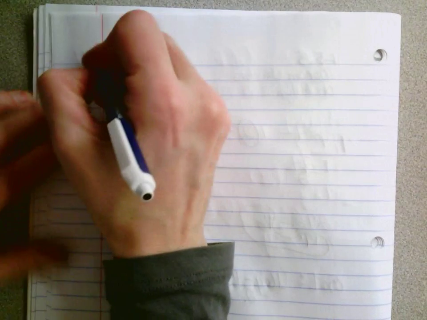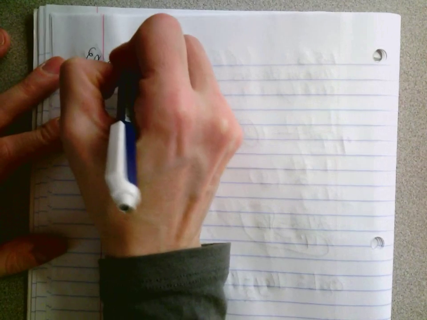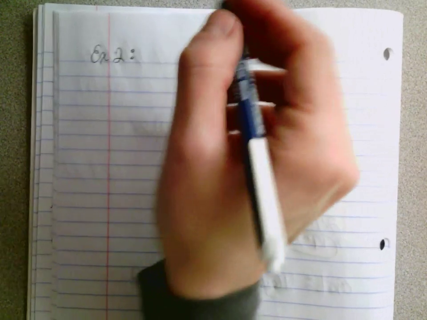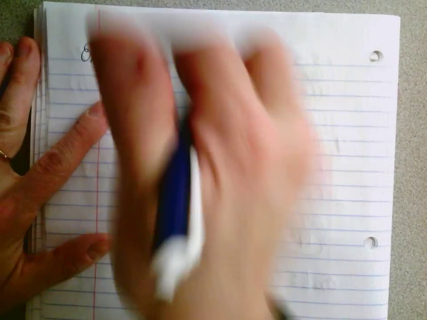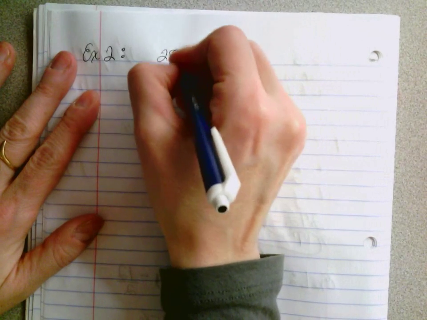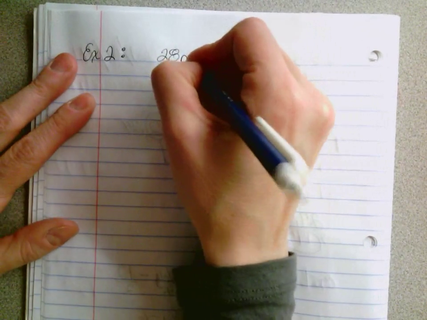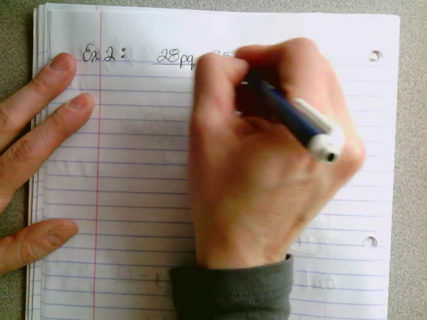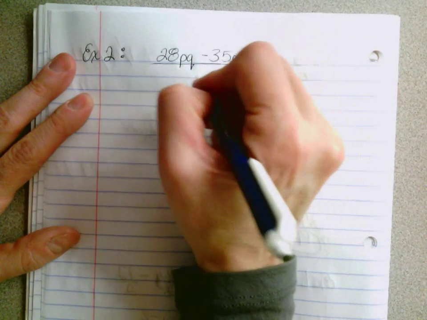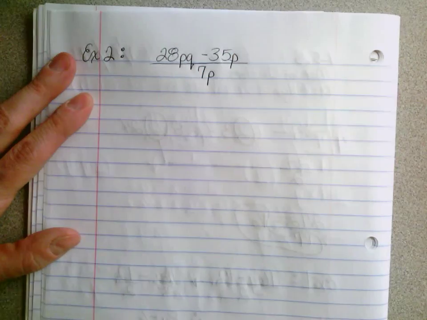Here comes example 2. I'm going to throw some bigger division in, like say 28p times q minus 35p is going to get divided by 7 times p.